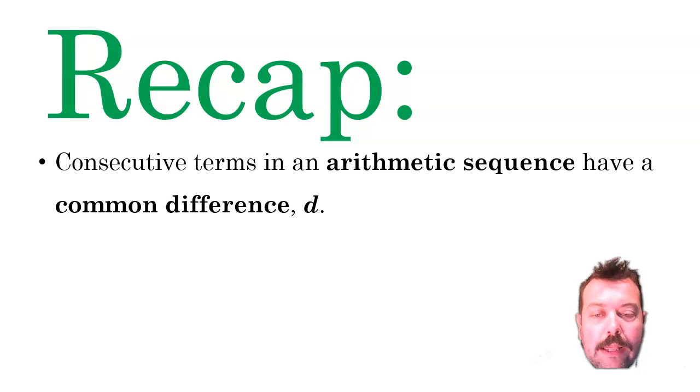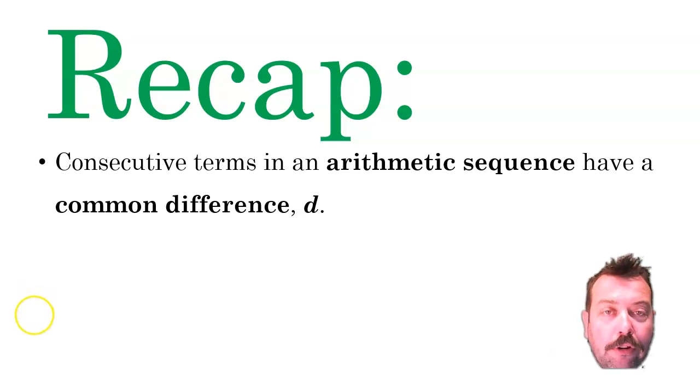So that's it for arithmetic progressions for the time being anyway. What did we learn about? Well, consecutive terms in an arithmetic sequence have a common difference of d. That's what makes it an AP, an arithmetic progression or an arithmetic sequence, that consecutive terms always have the same difference.